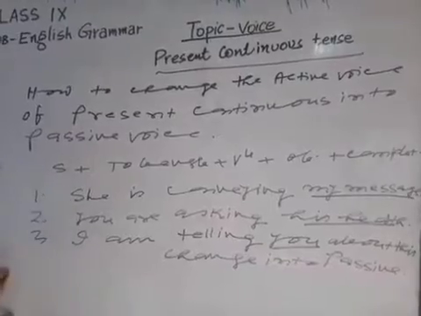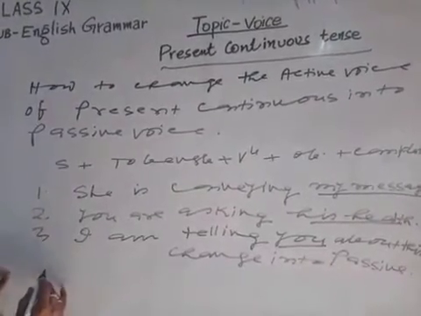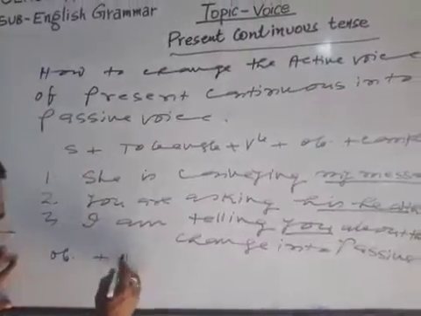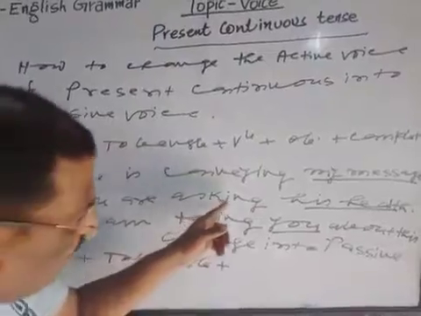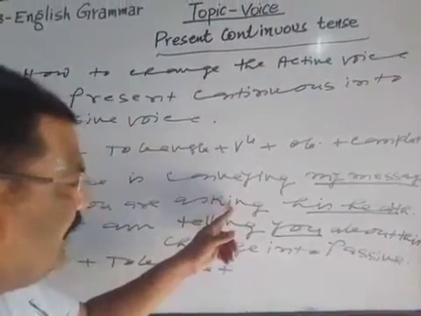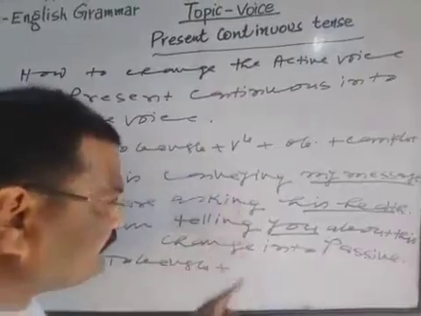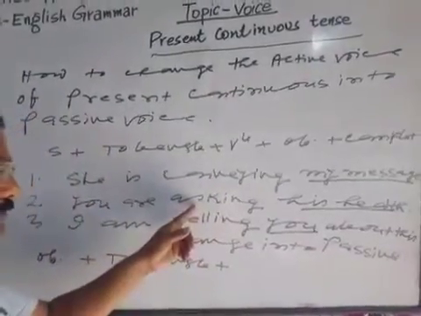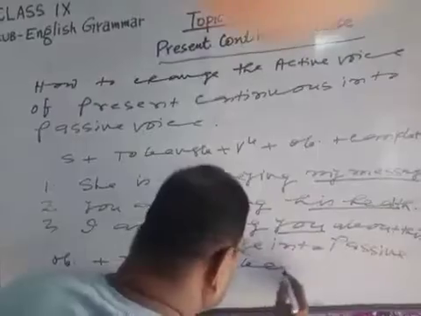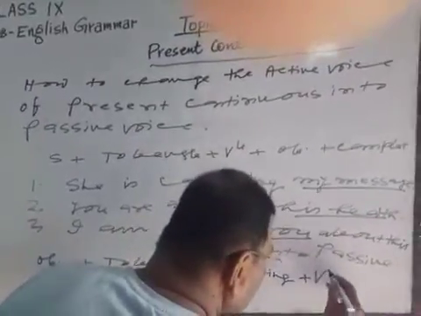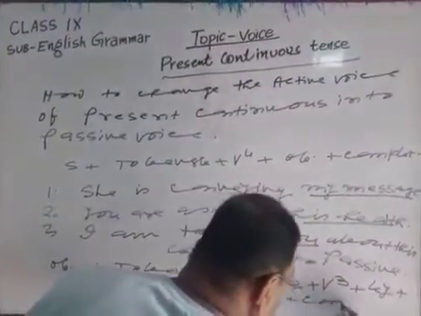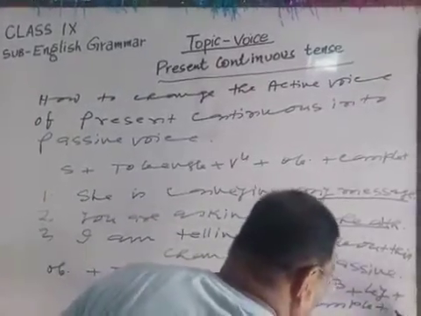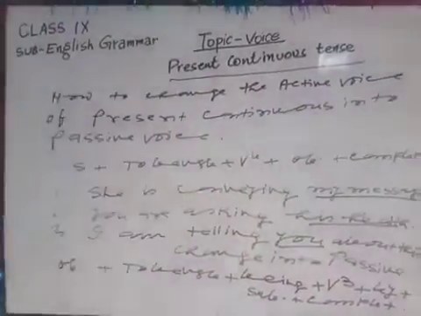The structure of passive voice is object plus to be verb, and here we have used ing. So when ing is separated from the verb, then we have to use being. Then V3 by plus subject, then complements, and after complements we use full stop.